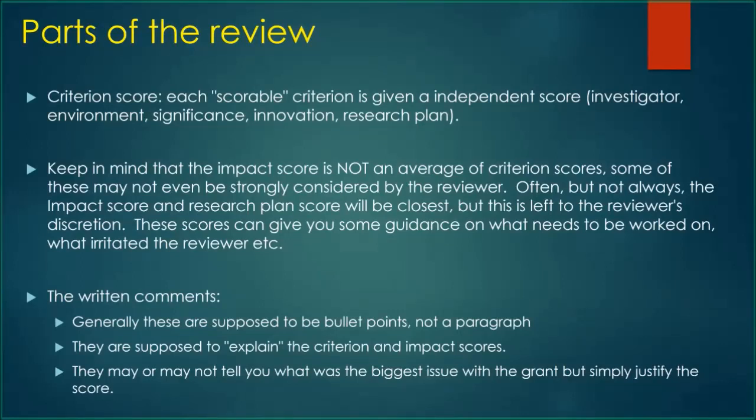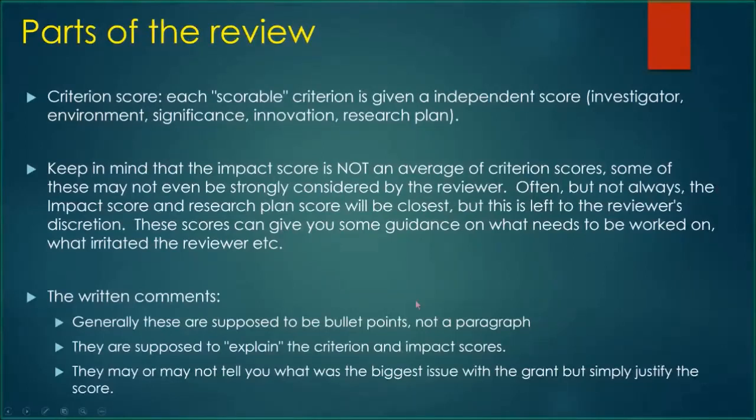Significance can be a major driver. It can be a perfectly well-structured research plan, but the reviewer just didn't think it was significant. Or you got a poor score in innovation, which might be telling you that the reviewer thought the grant was somewhat boring. It wasn't interesting or cutting edge.